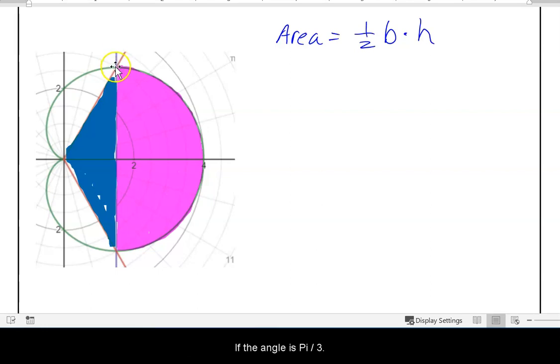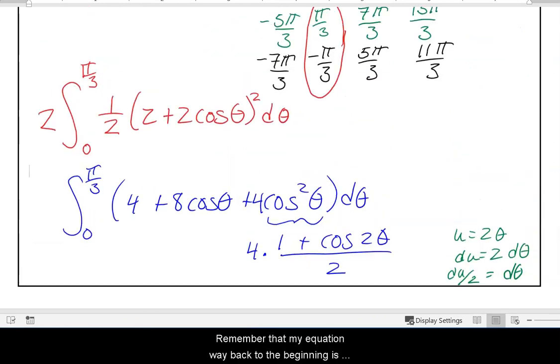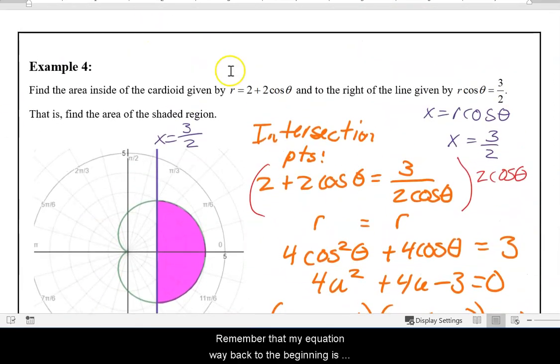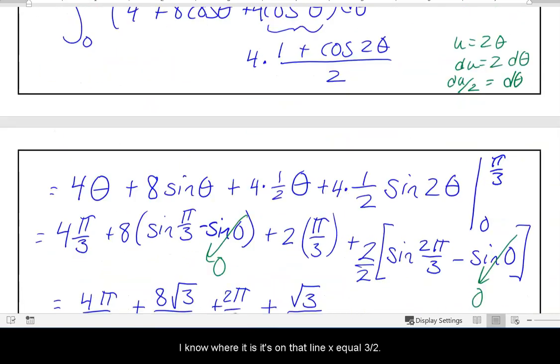If the angle is pi over 3, then how can I find it? Let's find r. R is a function of theta. Remember that my equation way back at the beginning is 2 plus 2 cosine theta. But I know where it is.